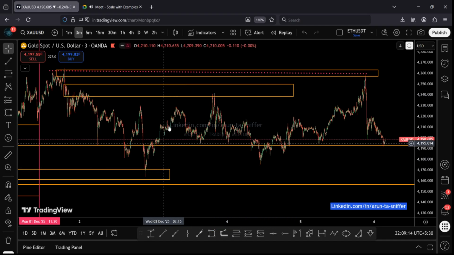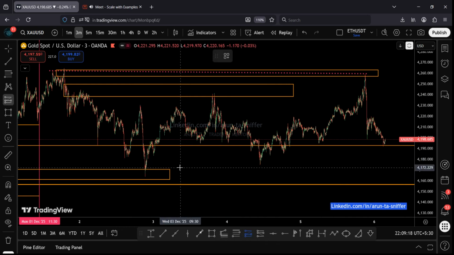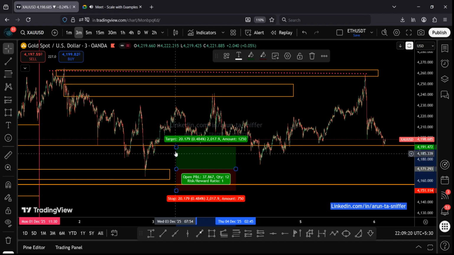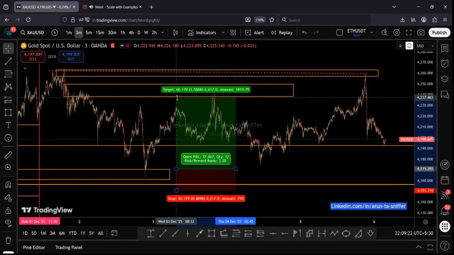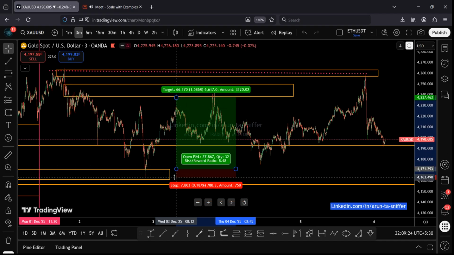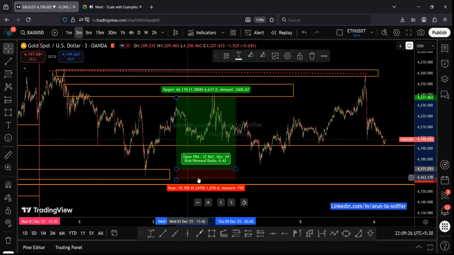So from here to here, came back, from here to here we have this one. 1:6, 1:4, 1:5 is fine with a 40% win rate, and with 1:4, 1:5 you will be in very good profitability, right?